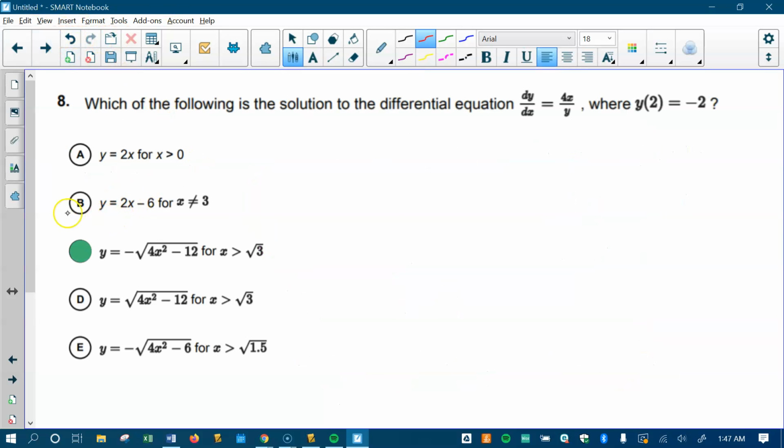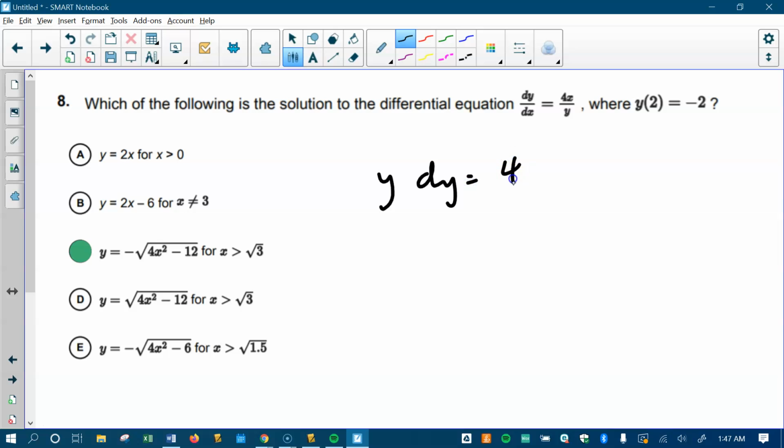And then for the final one, I'm going to get y dy equals 4x dx. Let's integrate both sides. I get y squared over 2 equals 2x squared plus c.